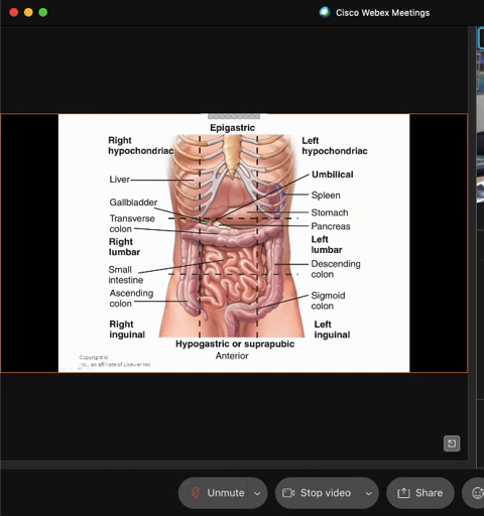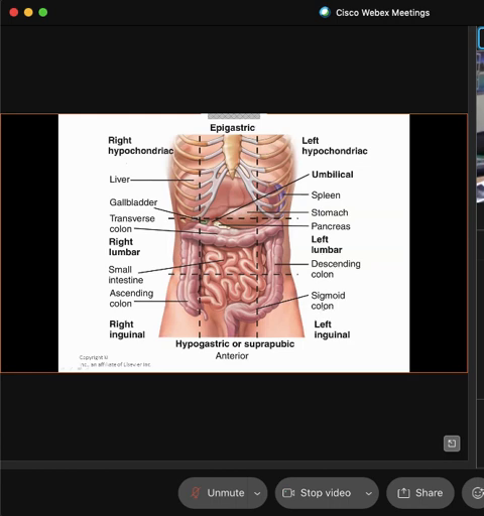We're going to find the liver in the right hypochondriac, and the spleen in the left hypochondriac. Epigastric, or right above, you're going to see the liver and the stomach. The umbilical area is largely occupied by the small intestines.